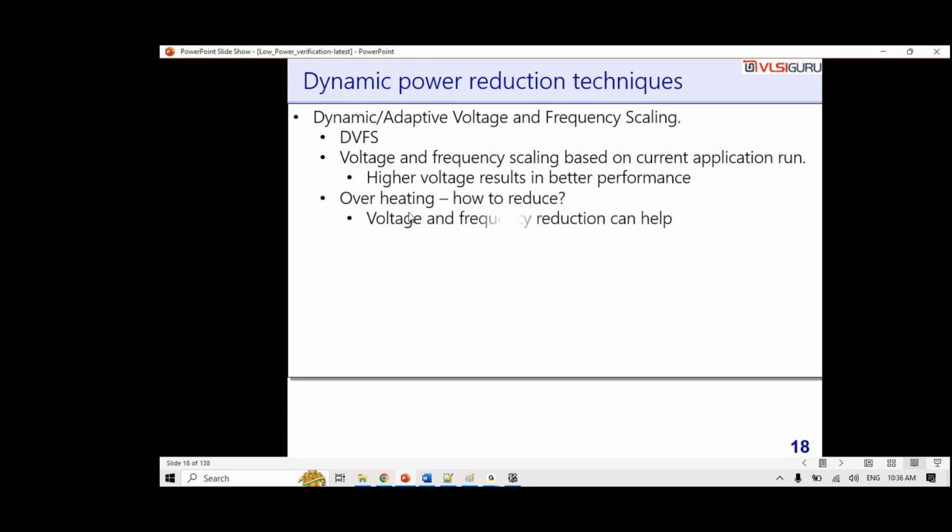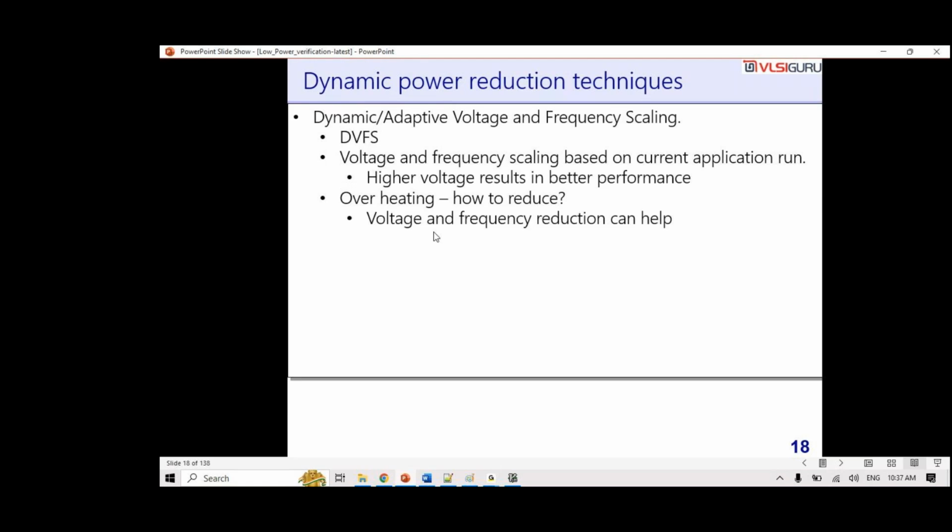It has some kind of sensors. On the chip there will be temperature sensors. Those temperature sensors sense the temperature and give that indication to some power manager block in the chip. The power manager block sees that the temperature is increasing, and there will be something called a PMIC, power management integrated circuit.